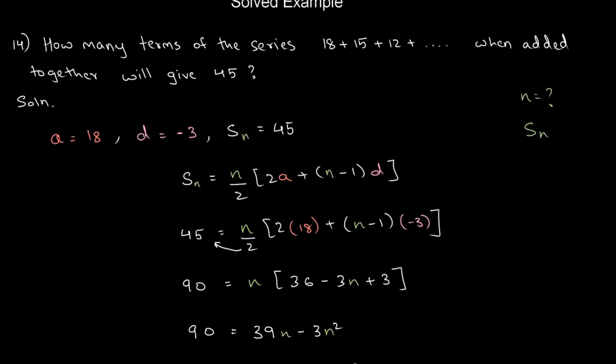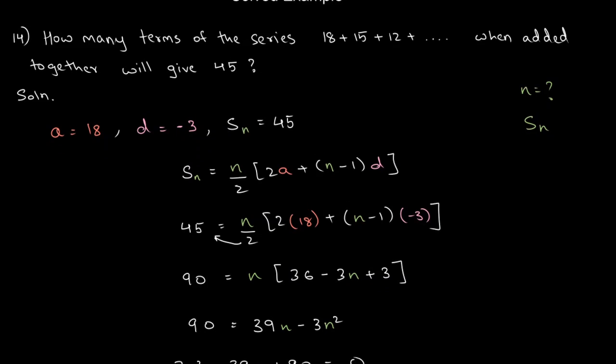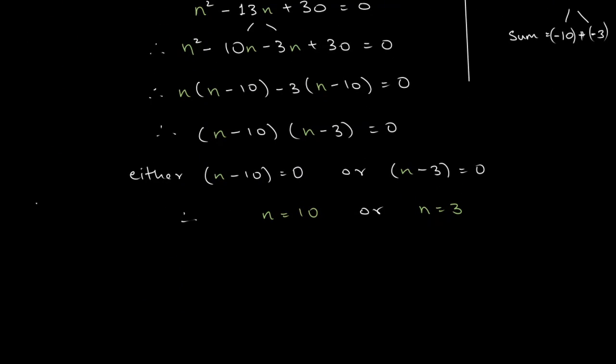So if I revert back to the question, how many terms of the series when added together will give me 45? Either when I add 3 terms of the series, or when I add 10 terms of this particular series, I get the sum as 45. So that will be my final answer. How many terms of the series must be added to get a sum of 45?